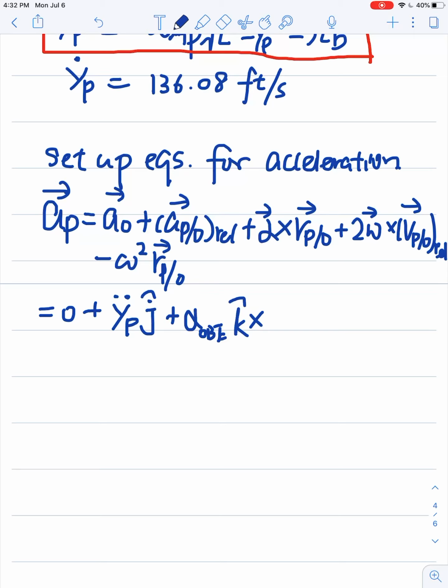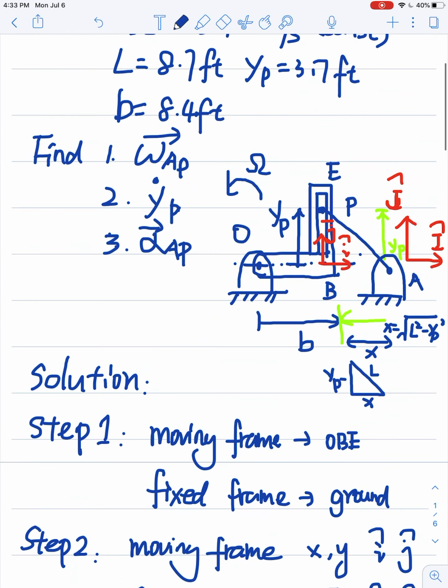So here we have B, positive B on I direction. And in terms of J direction, the distance is given, YPJ. This is our position vector RP slash O.